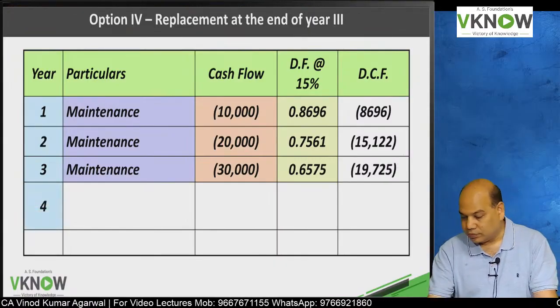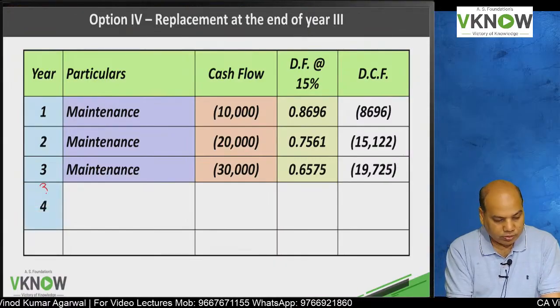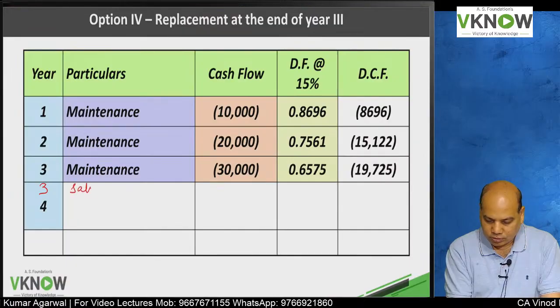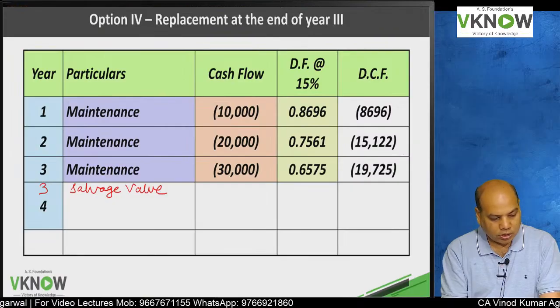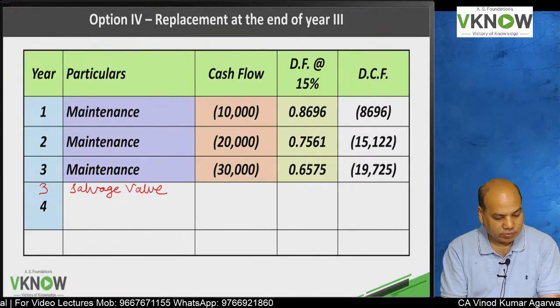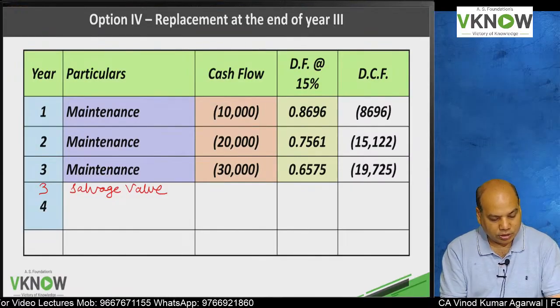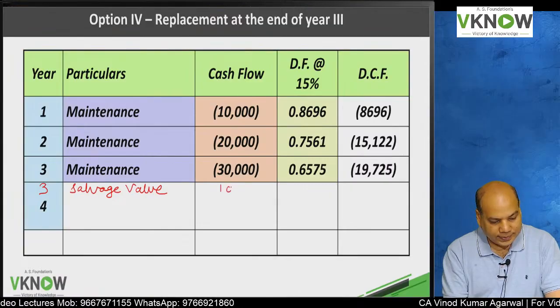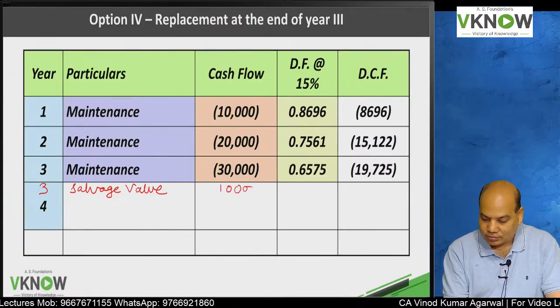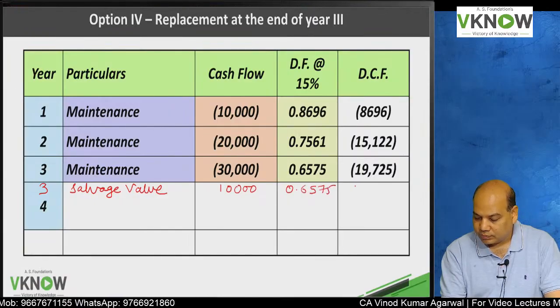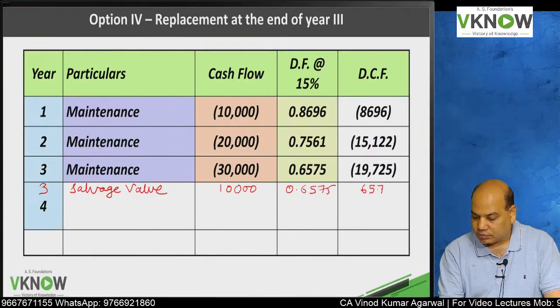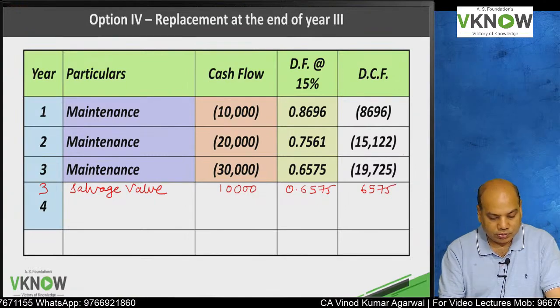So one more line I have to write. Salvage value, how much is that in the third year? Is it 10,000? 0.6575, present value 6575.